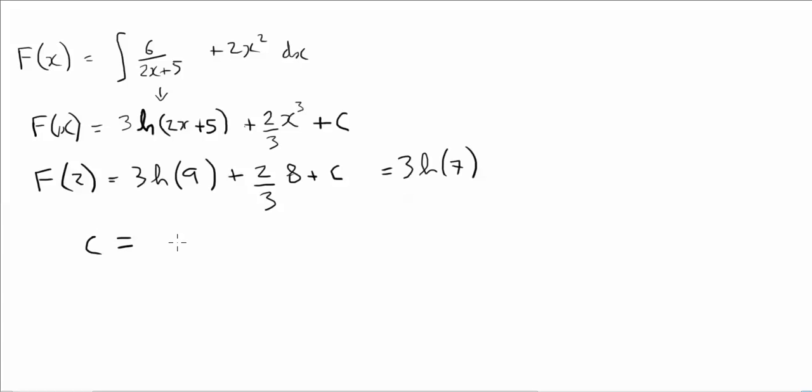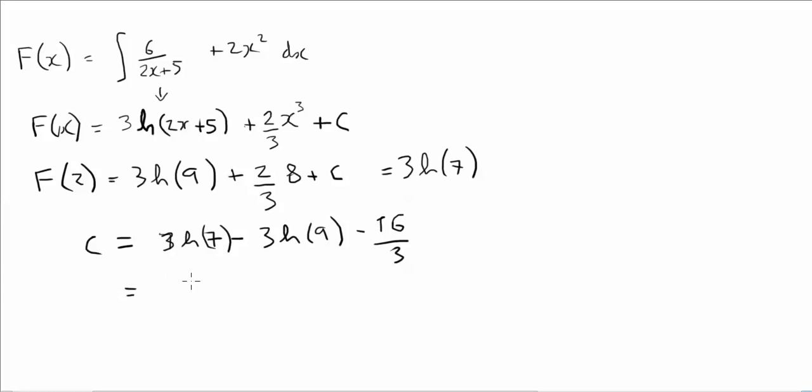So we're going to get 3 ln 7 minus 3 ln 9 minus, I'm just going to write that 16 over 3 for now. I might come back to that later. Equals c.